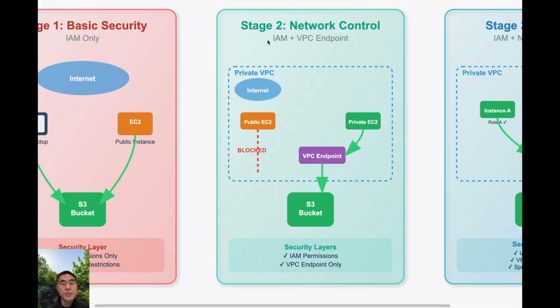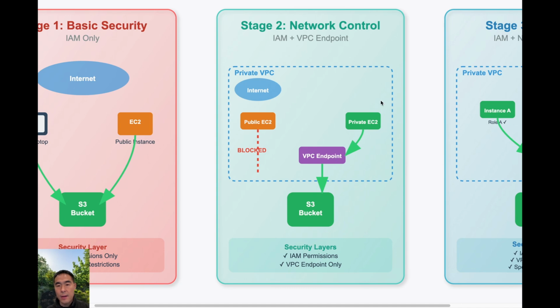So the next stage, stage 2, has network restrictions. This dotted line here is your network boundary or network perimeter, where I still have my EC2 that we've used in stage 1 that is publicly accessible, and it goes out to the internet to try and access the S3 bucket, but now it can't.